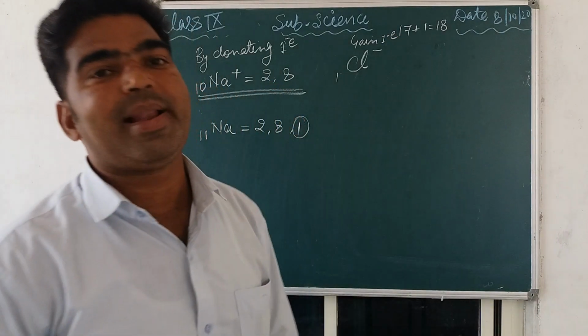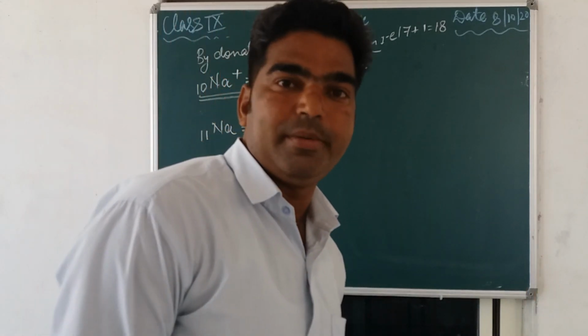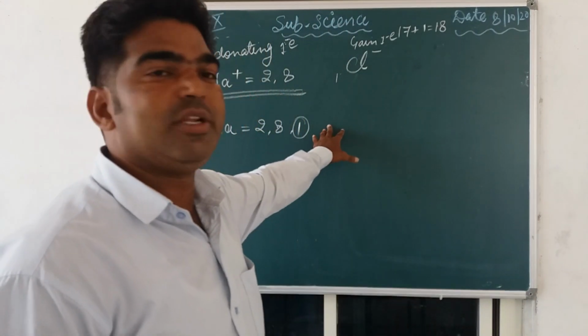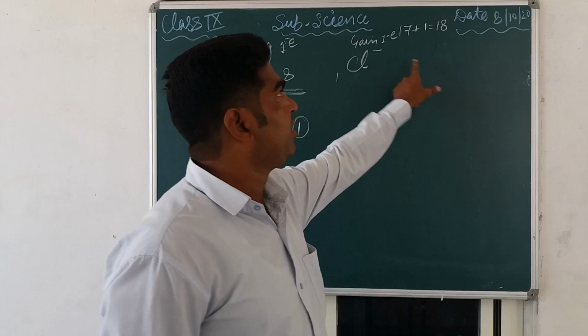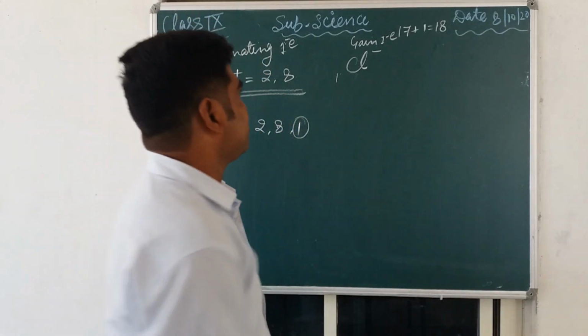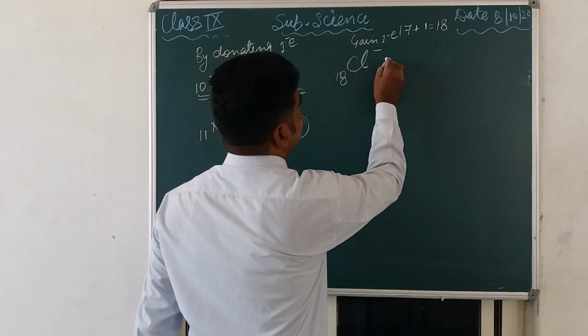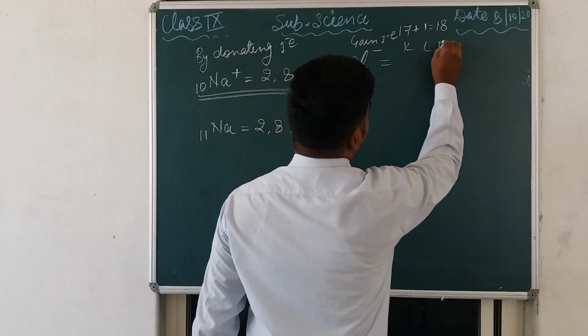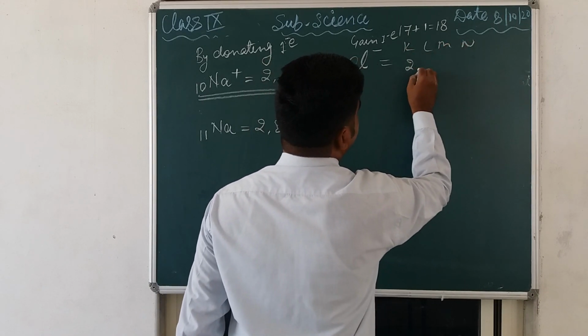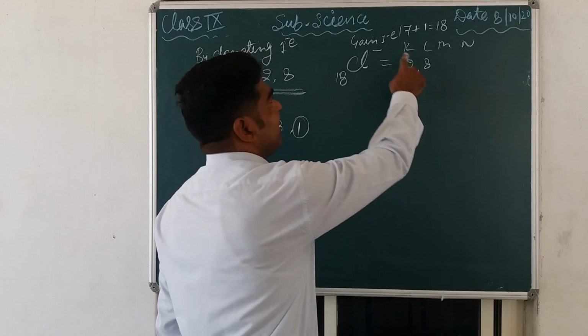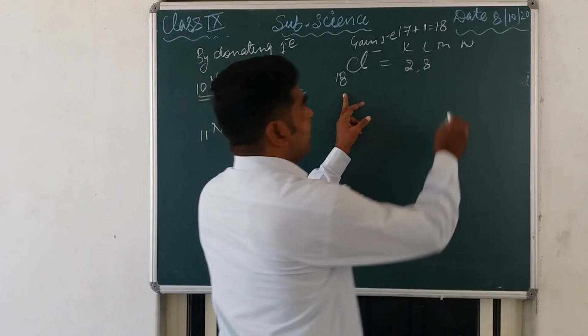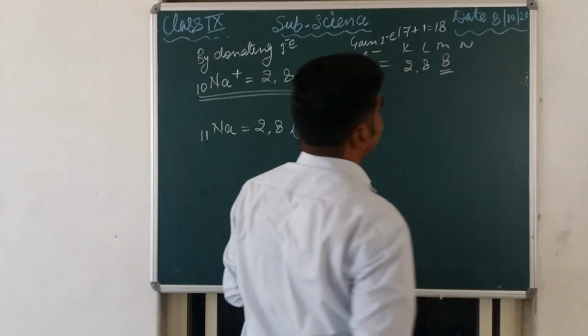Normally the number of electrons equals the atomic number. The atomic number of chlorine is 17, but it gained one extra electron, so it became 18. So you can write it for K, L, M: 2, 8, 8, which is 18.